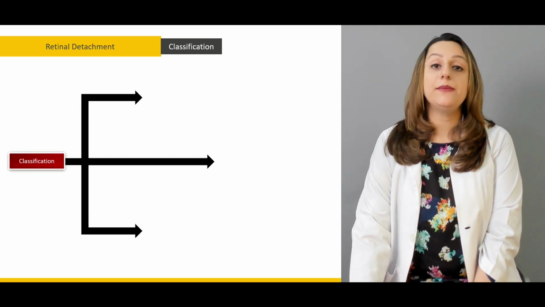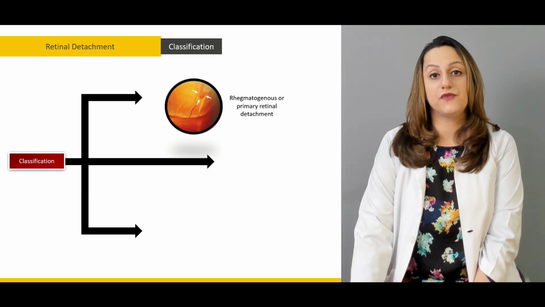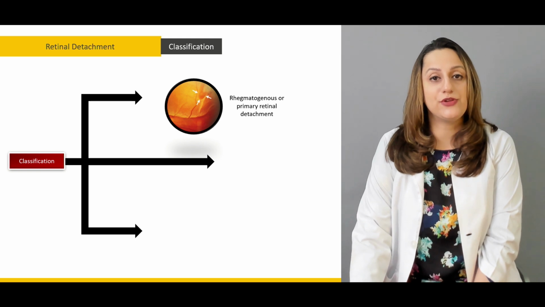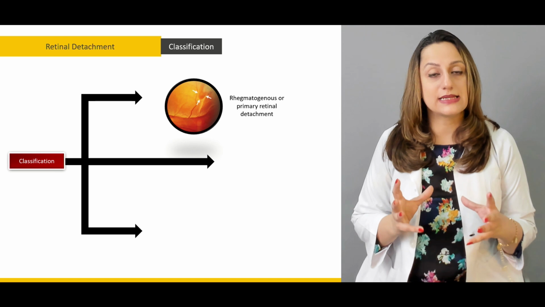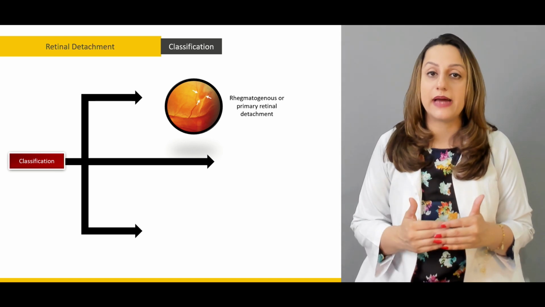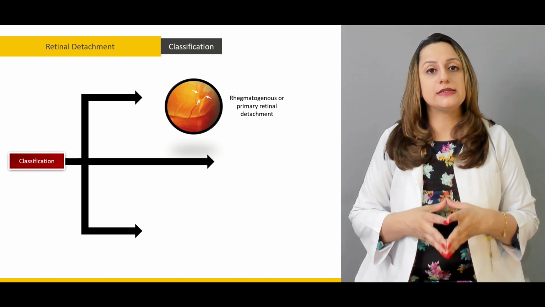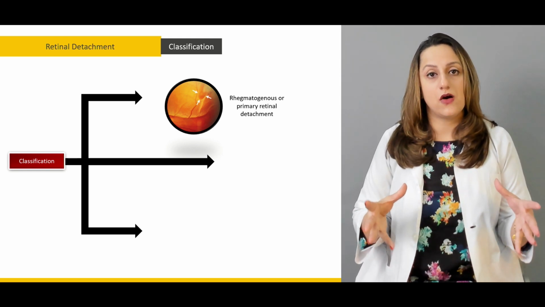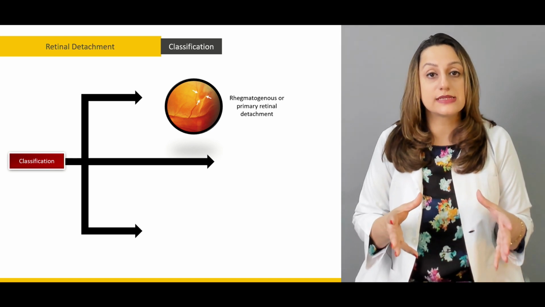There are three major categories that we have to keep in mind. First of all, we have the rhegmatogenous or primary retinal detachment. As the name indicates, it's the retina that is primarily involved in these conditions. Now, what are the different causative factors of the retina itself? It can be the lattice degenerations, particularly.